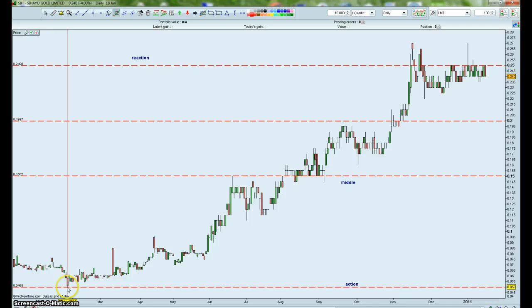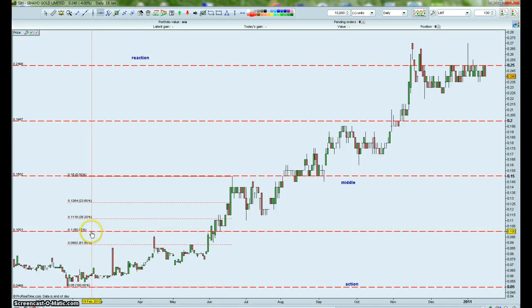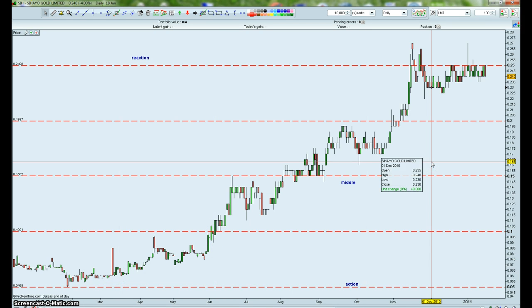And I'll pick a halfway between here and here. There's a 50 there, and then we had some support resistance at the middle there. That's framed the price action up to here quite nicely, almost freakily so.